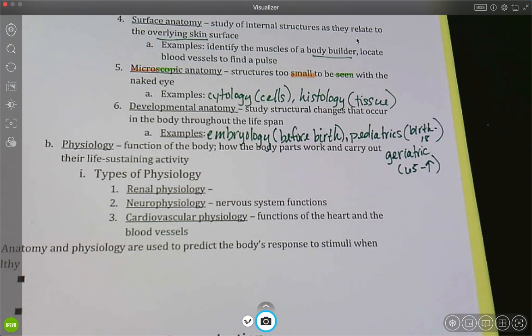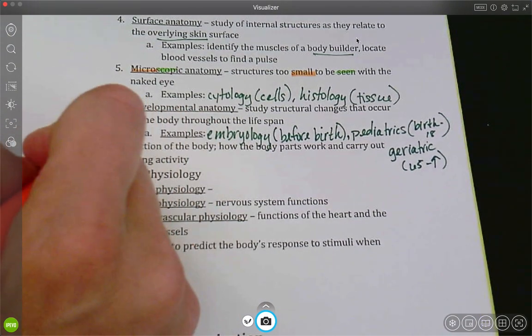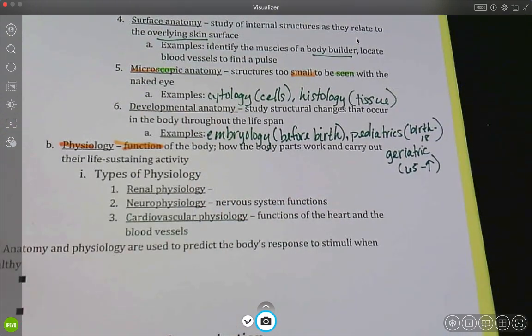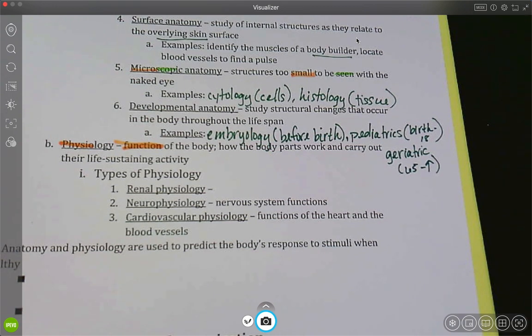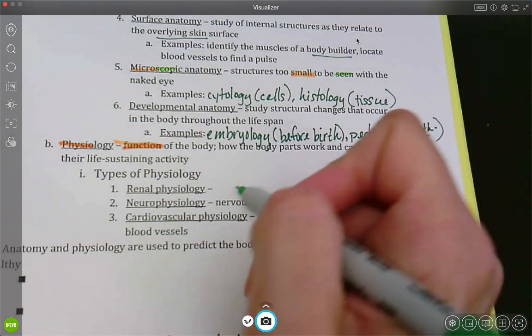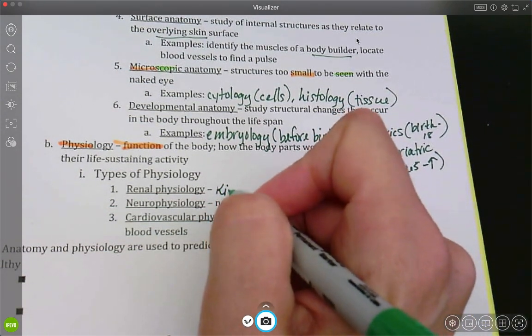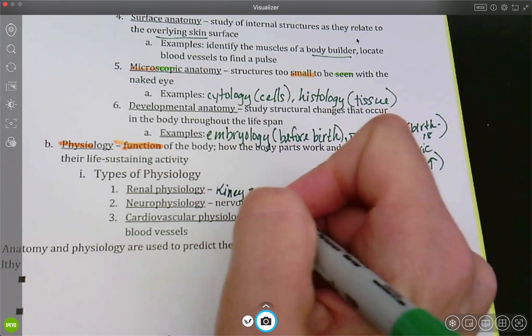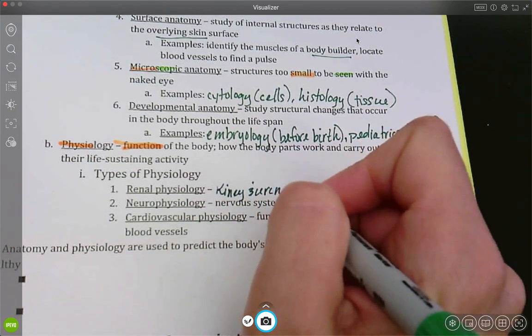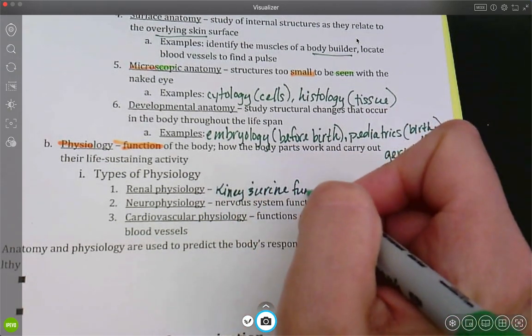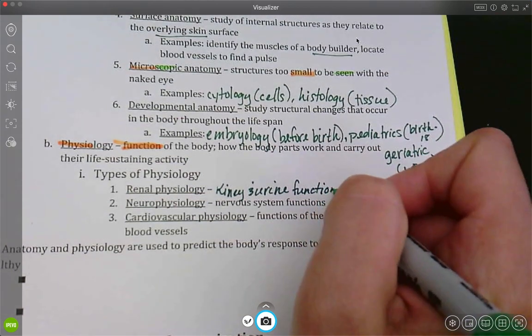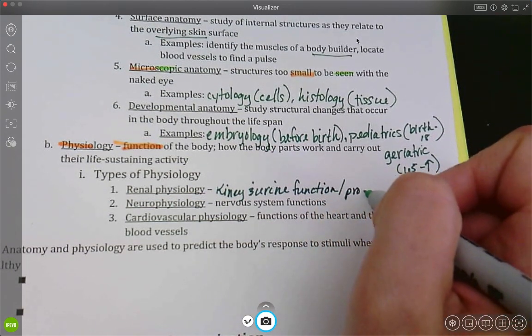Okay, then we have our physiology. Remember, physio, nature, function. So, how does it work? Renal physiology is looking at, what is my renal? That is my kidney and urine function, we could also say urine production, I guess.